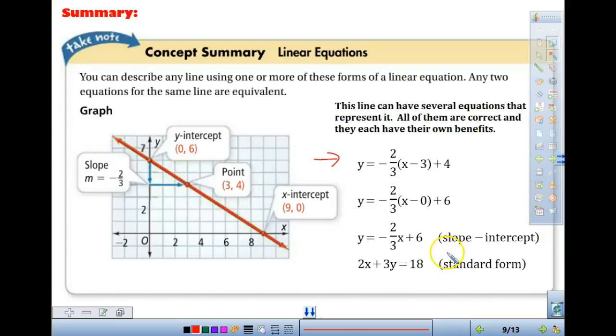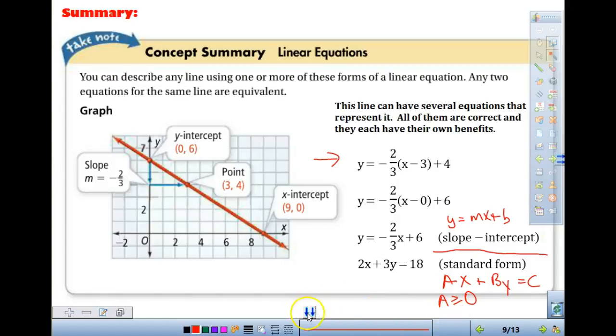If I say slope-intercept, you need to make sure you rewrite it with y equals mx plus b. And standard form has to be in the form ax plus by equals c. Our a is usually a number greater than or equal to 0, and it's not a fraction.